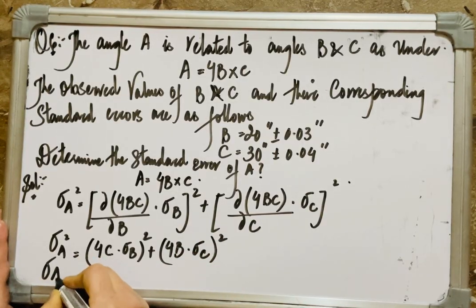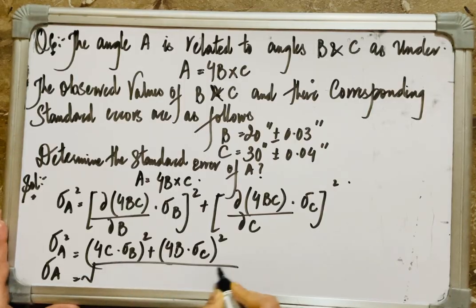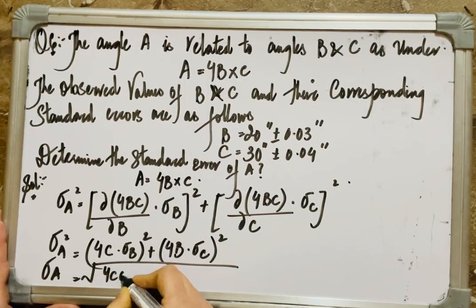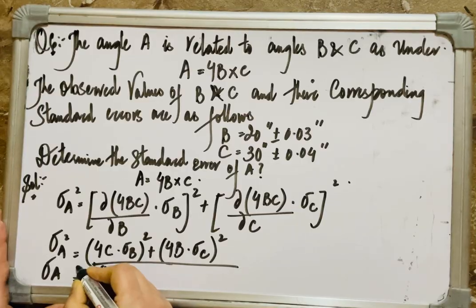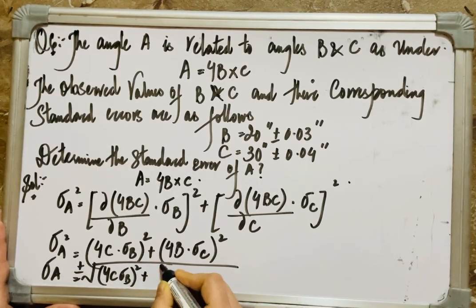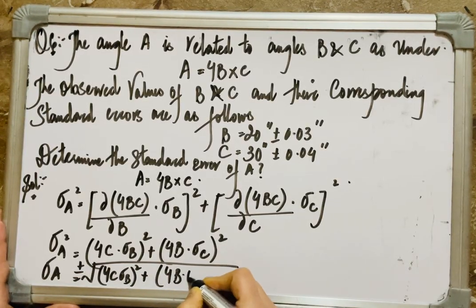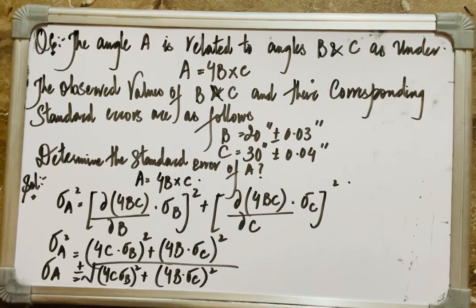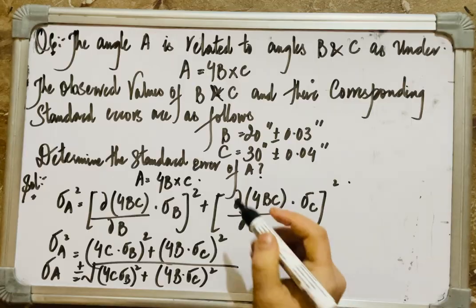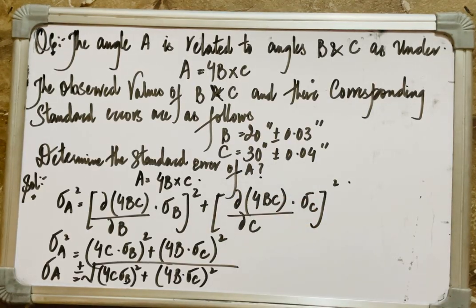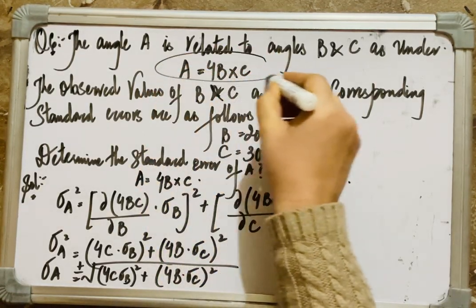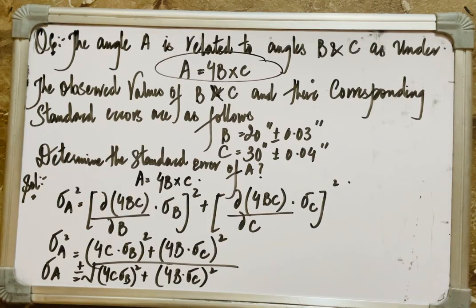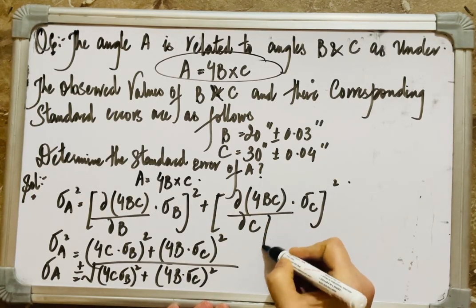That means sigma A is the square root of (4C sigma B) squared plus (4B sigma C) squared. All right, so this is the expression by which I can determine the standard error of A, as A is related to B and C angles by this relation, A is equal to 4B multiplied by C. Let me write it down over here.